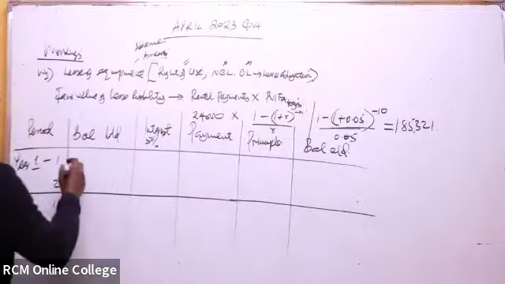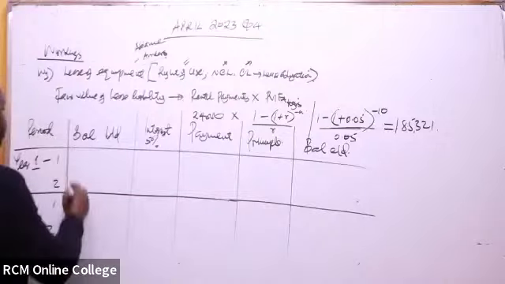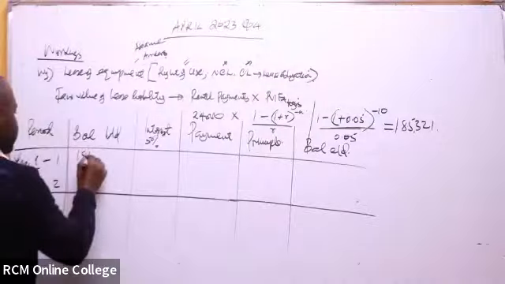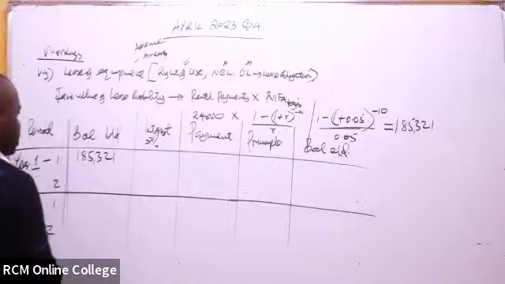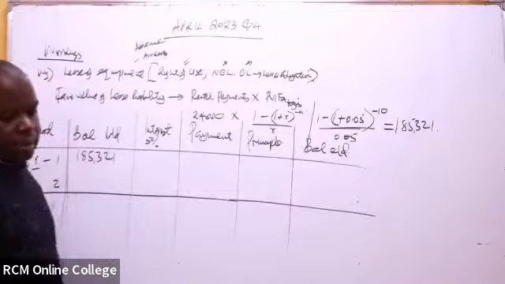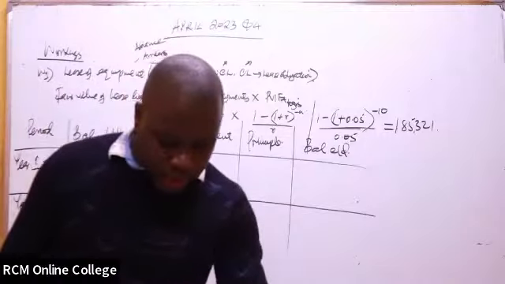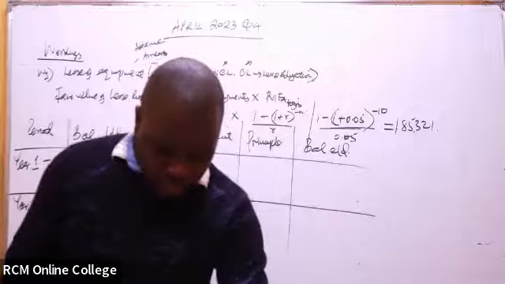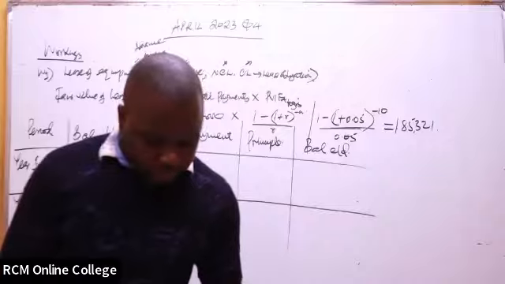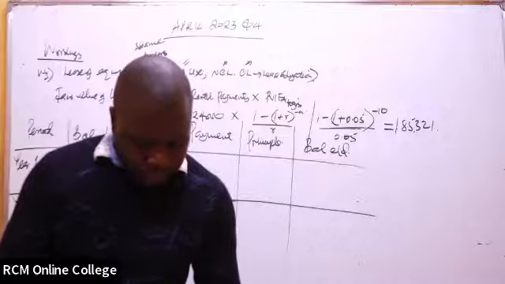So now our lease liability is 185,321. You can calculate interest on it: 5% of 185,321. What do you get?